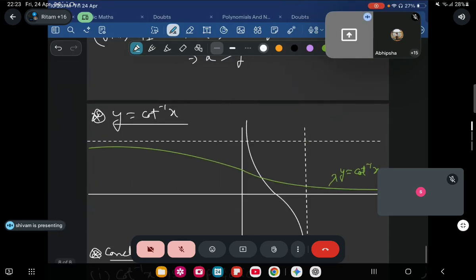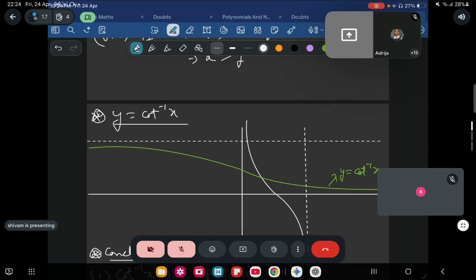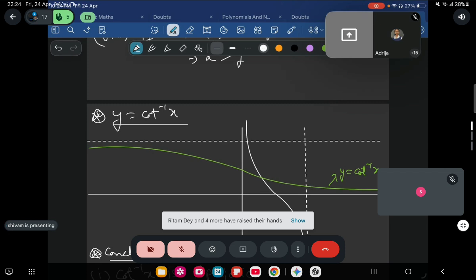is it odd or even? Tell me, cot inverse x. It's neither odd nor even.